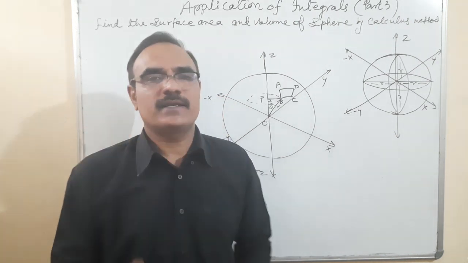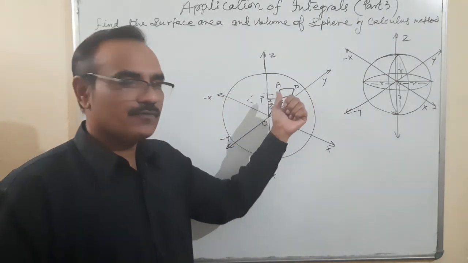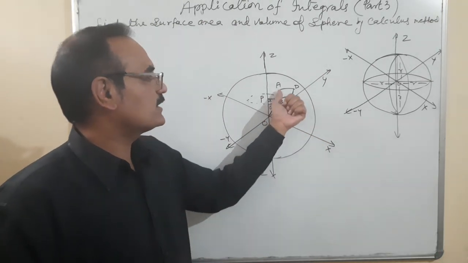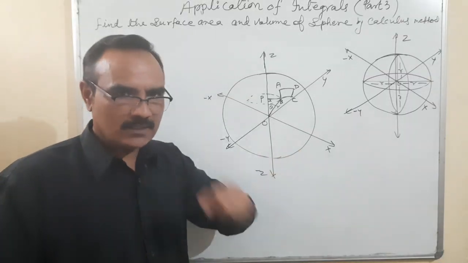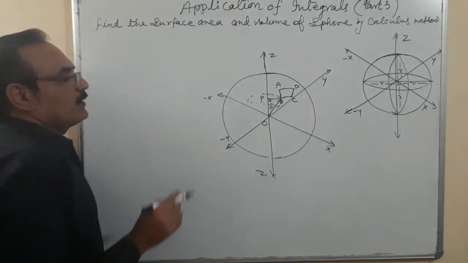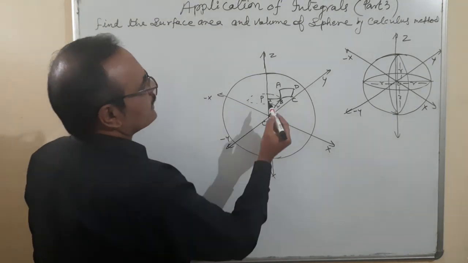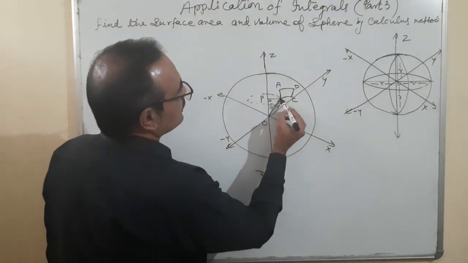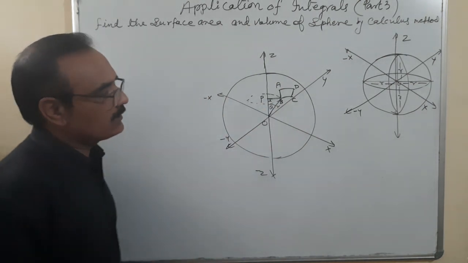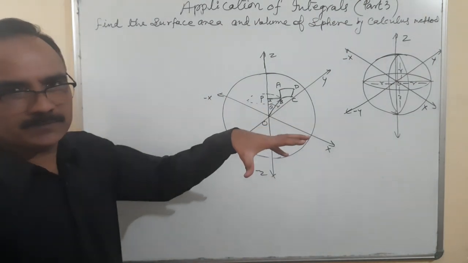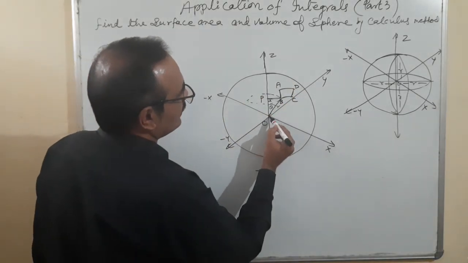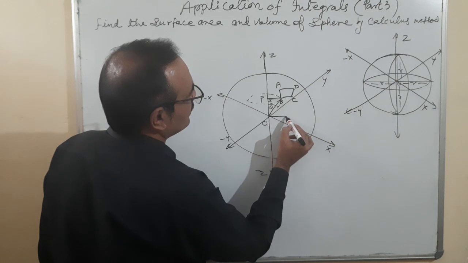Right. Because this is the area which we have taken, it has two dimensions. One dimension is this, and the second dimension is that one. You can imagine one thing, let this length of PB, if you see it on the XY plane, it is an image of the projection on the XY plane.